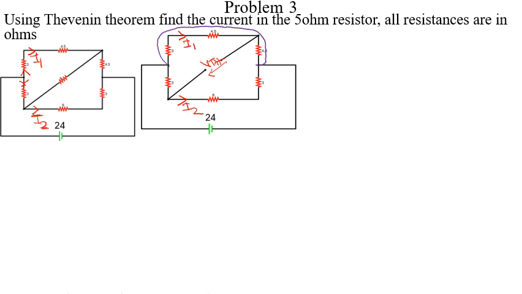We'll also write an equation for this second loop, because you see they come and combine here. So since they are coming to combine here, we'll write two loop equations.